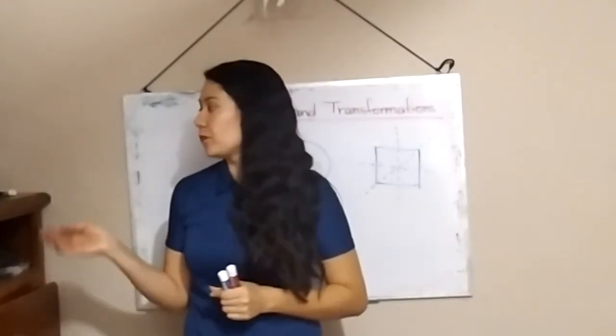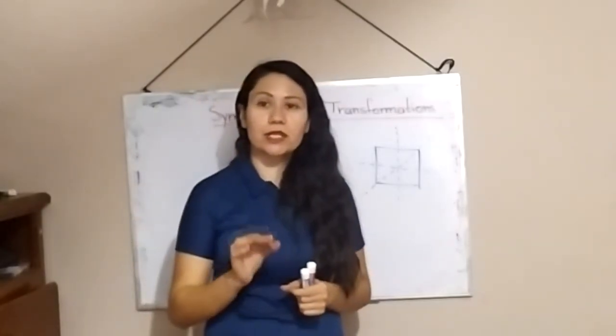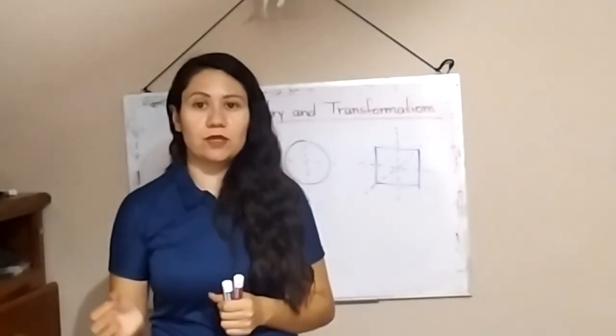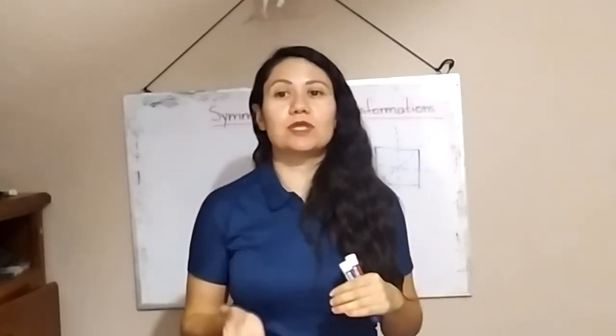Now we also have point symmetry. Point symmetry is the same as rotational symmetry, except that it applies only for objects that rotated 180 degrees can be the same. Okay?